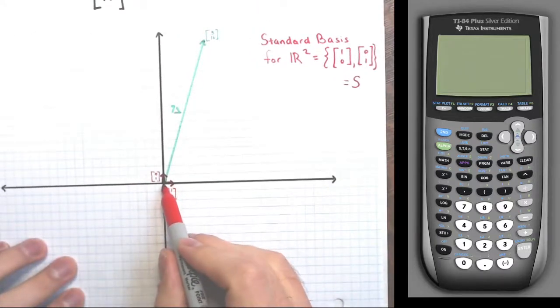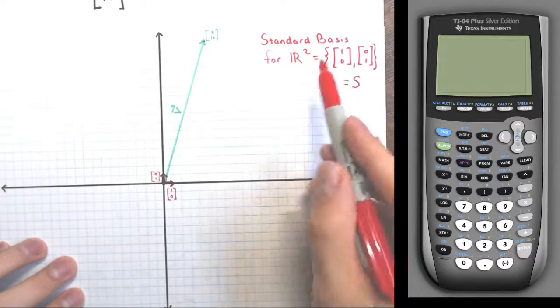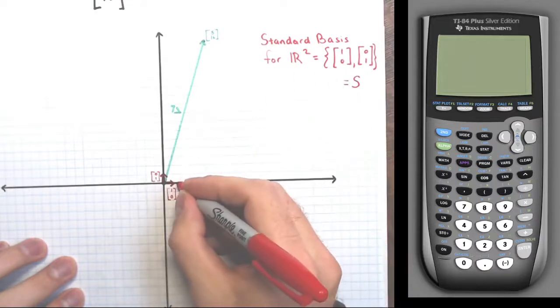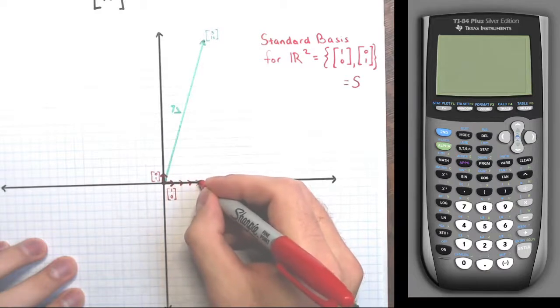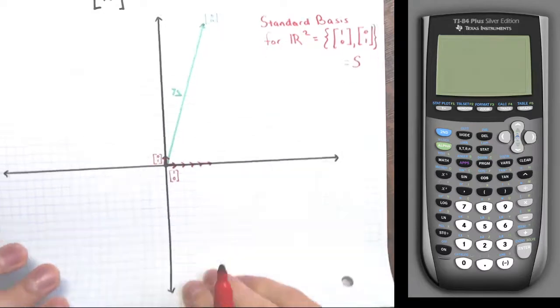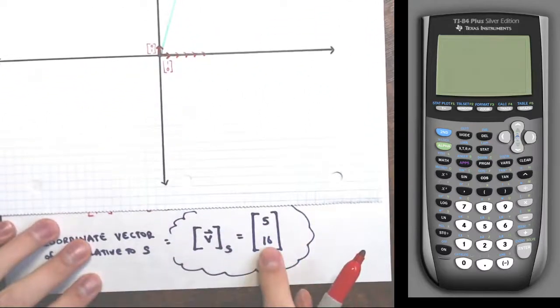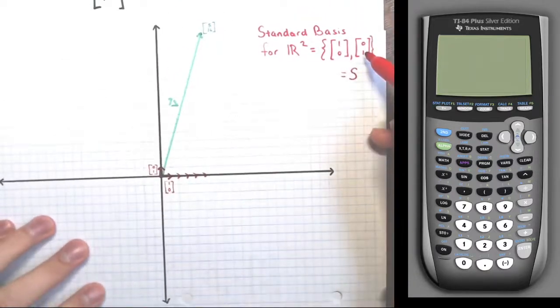If I start from the origin here, I start drawing position vectors. I take 5 of these, the first vector in the basis. So there's 1, 2 of it, 3 of it, 4 of it, 5 of those 1 0s, and then add on 16 of the second vector from the basis. So I add on 16 of these.